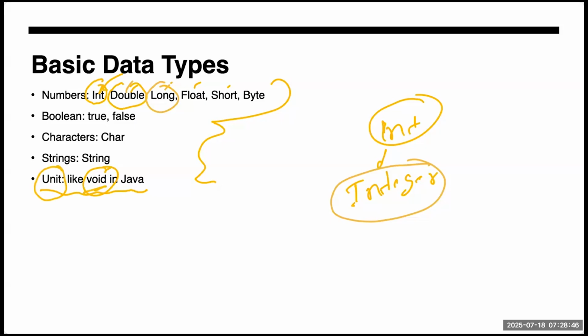Regarding your question, like I told you, these are not primitive. In Java, we have int, which is primitive, and a wrapper on top of it, which is Integer. But in Scala, int, double and all are not primitive. In Scala these are objects.